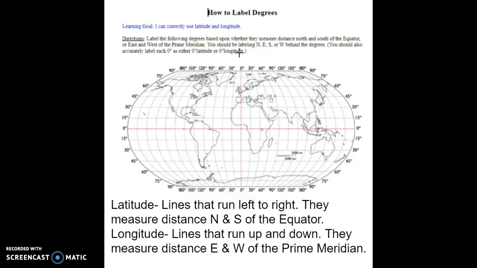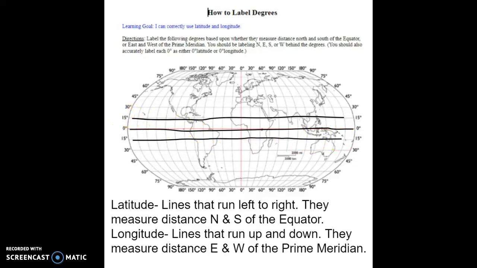In order to do this, the first step is to recall what latitude lines are. Latitude lines are imaginary lines that run left to right. They measure distance north and south of the equator. So these are our latitude lines. They're running left to right.